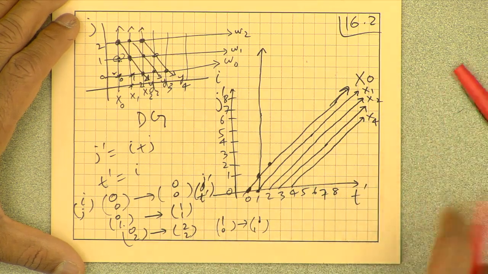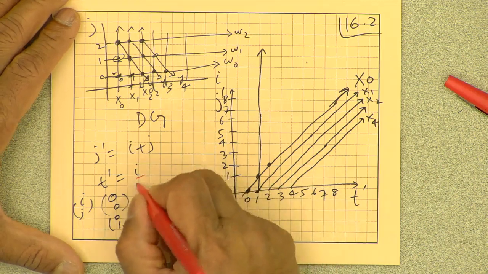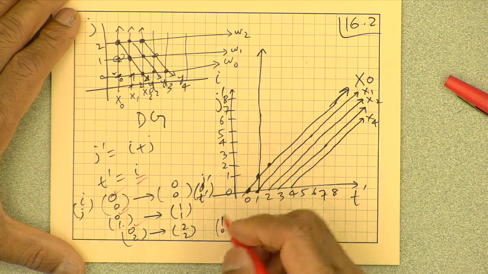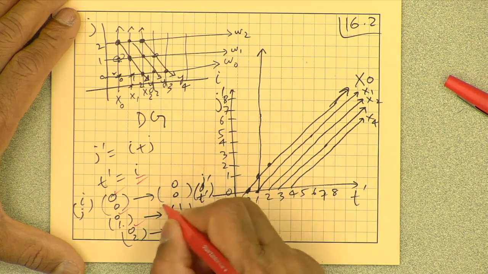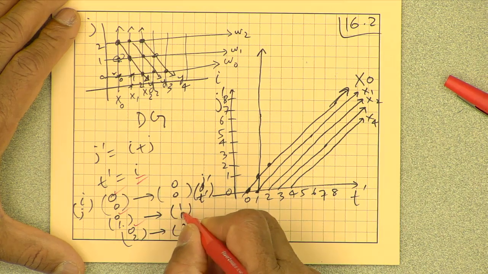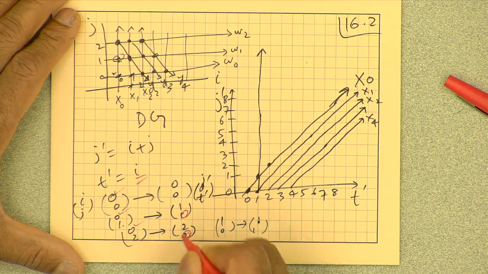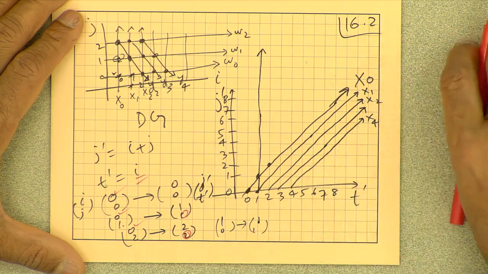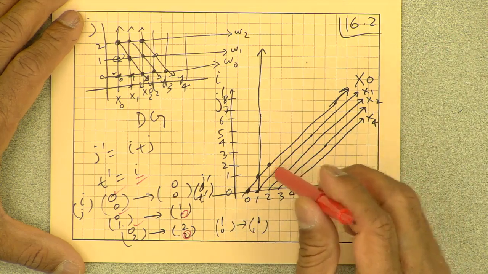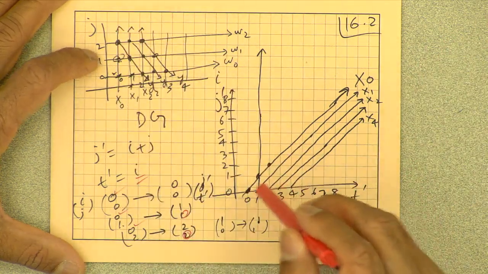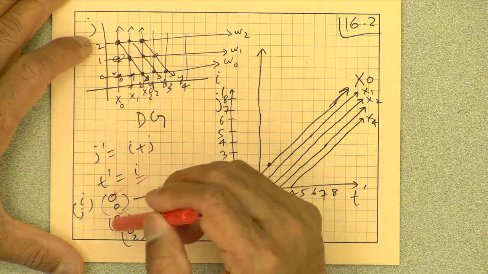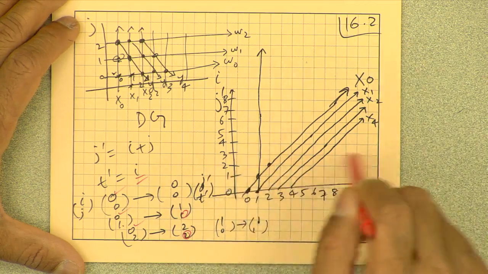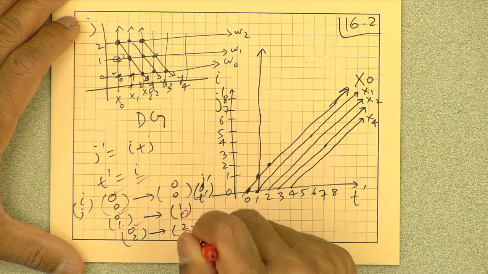So t prime is i, so I am supposed to be taking the i coordinates. These should be 0, 0, 2, 0. So these x values, which were going up like that, 0, 0, 0, 1, 0, 2, should now go to the right: 0, 0, 1, 0, 2, 0.